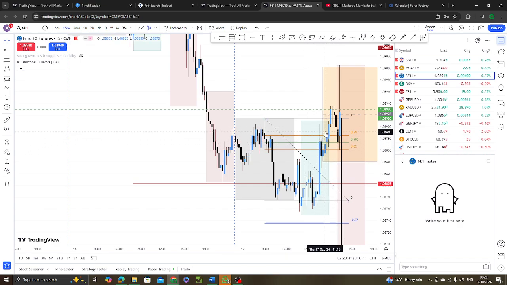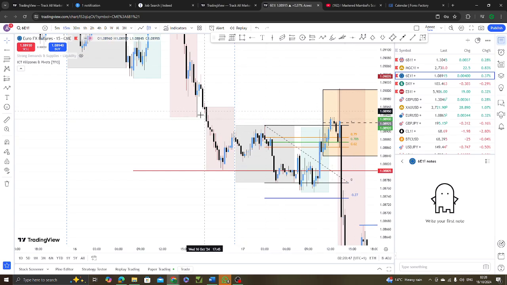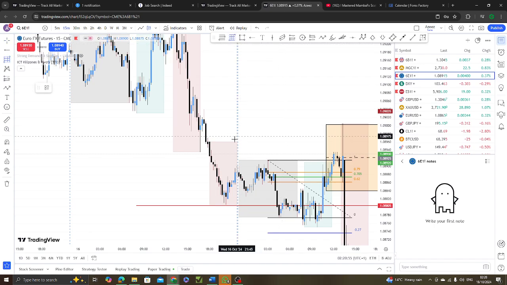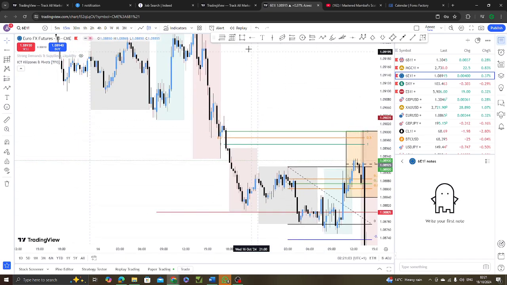But before you only focus on here, you also need to look at the previous day: is there a supply or a fair value gap around this time? Yes, there is. So now we've got a fair value gap here, and a small little one here, but obviously not a big one. And then also on top of that, we've got our supply.